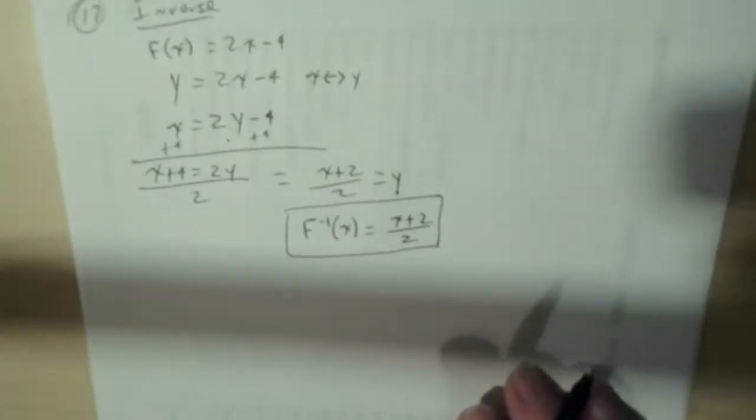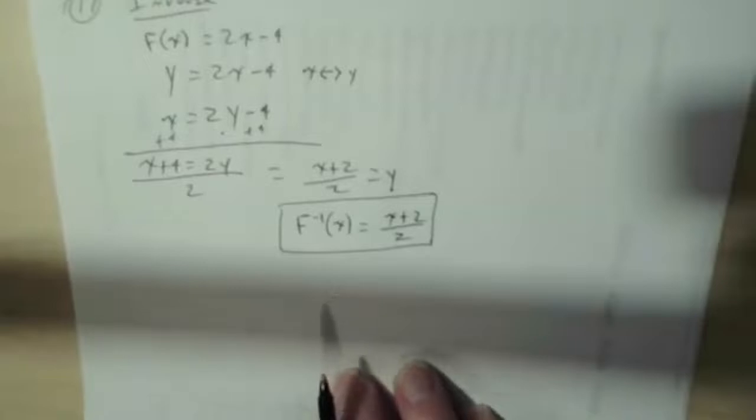Number 18 is a little bit more involved, but really not much. Just follow the rules for solving equations, and again, calculate the inverse function. This is number 18, the last one. What if you have f of x equals 3x plus 4 over x minus 2?